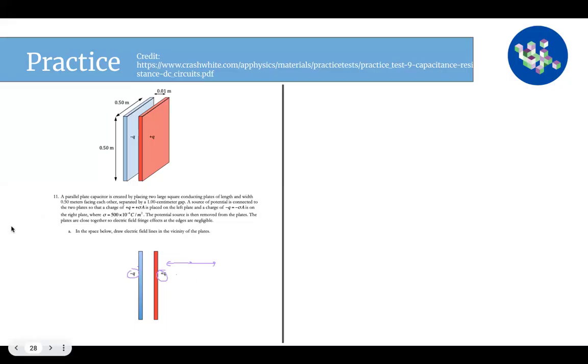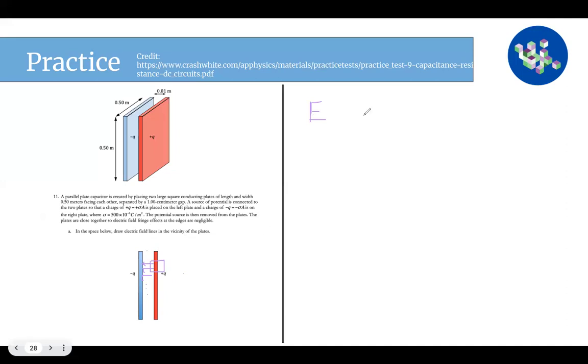There's only electric field within the region between the two plates, and if I draw this Gaussian surface over here, then I know that I have E. Remember, this is what the electric field lines look like, everywhere along the conductor.